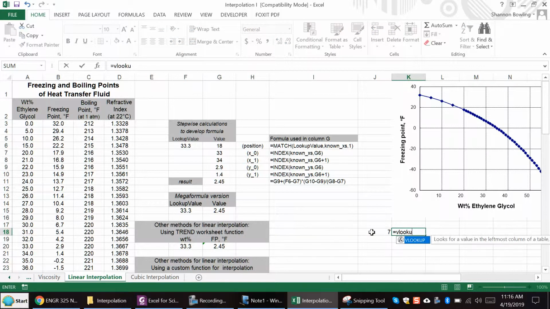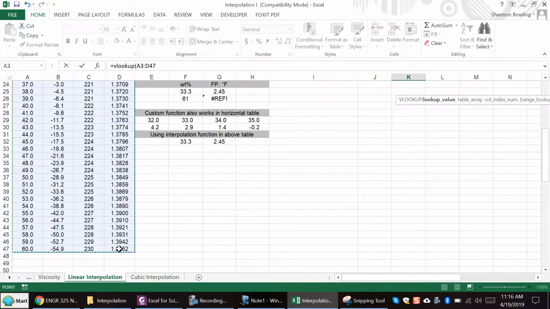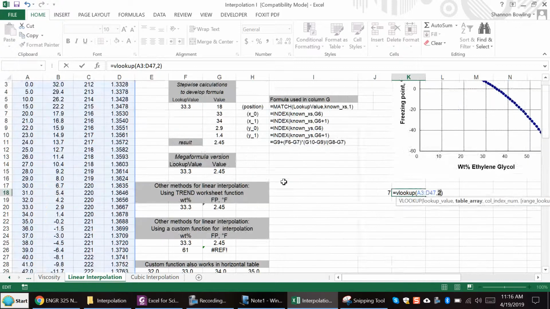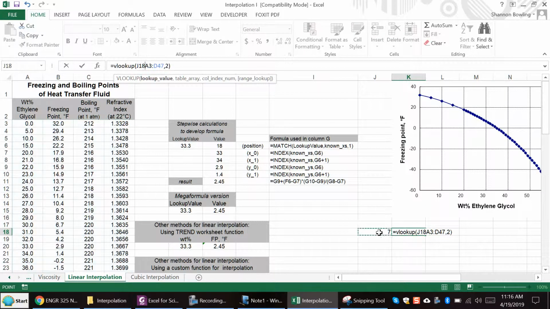Okay. So VLOOKUP. This is my array of interest. And then I'm going to tell it I want the second column. The lookup value is this guy right here.